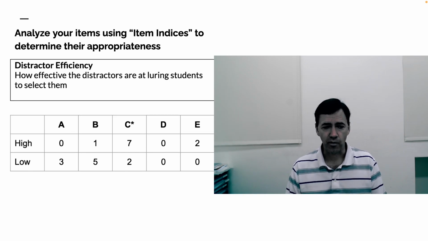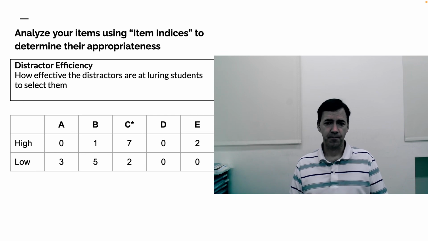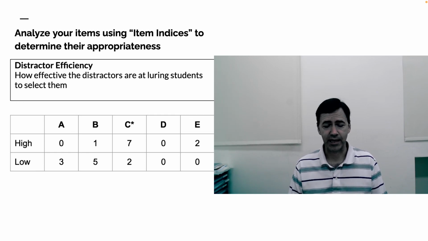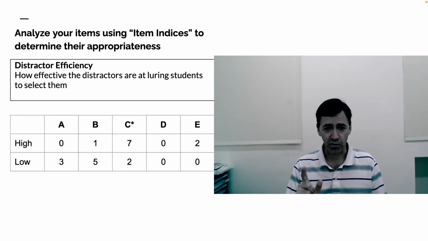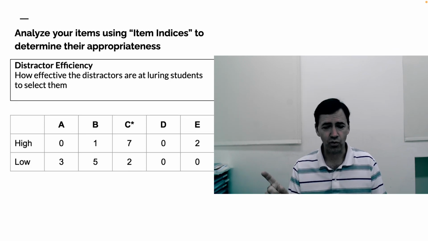Okay, so hopefully you stopped the video and you thought about this one. If you have a situation like E, clearly this is not okay because it shouldn't be a distractor for high proficient but not for low proficient, which means it could be a few different things, but off the top of my head, I would say that there is something about this distractor that is vague or ambiguous, because your highest proficient students, for them, maybe they know some other rules about English that makes this one correct.